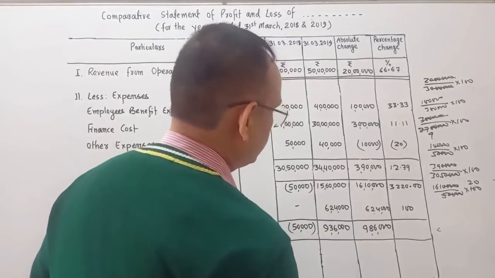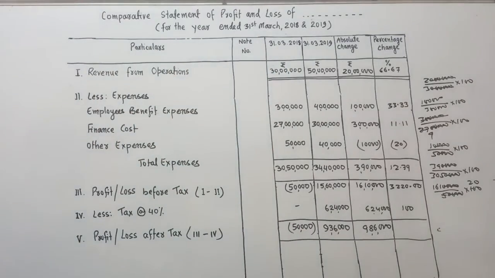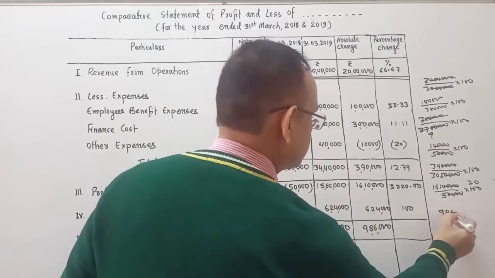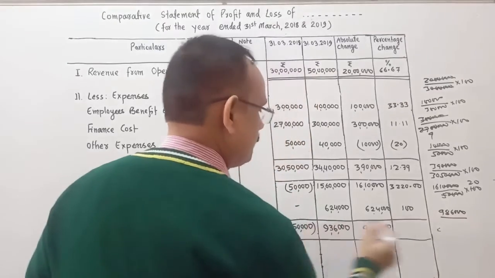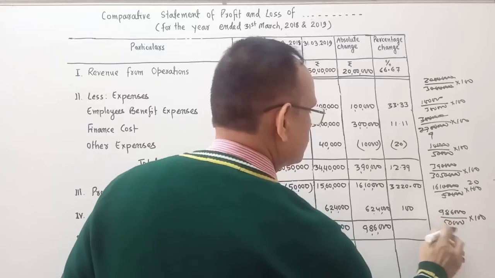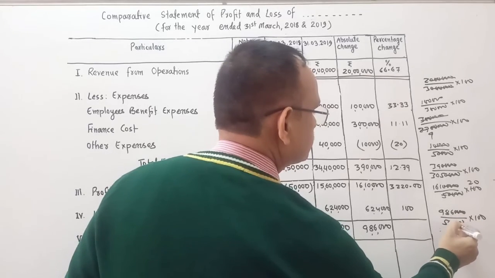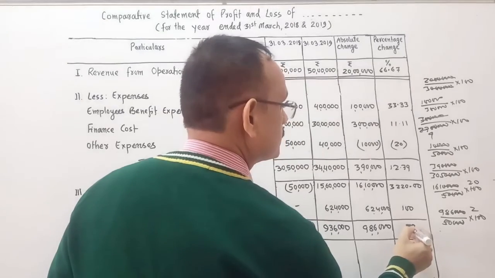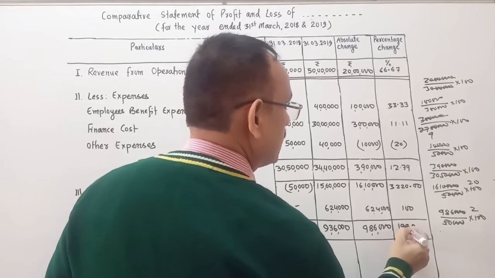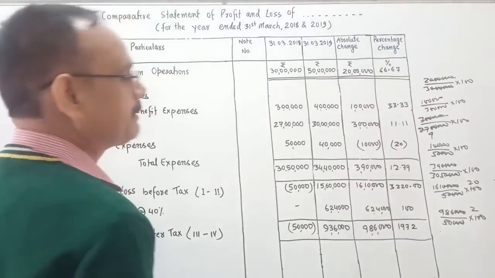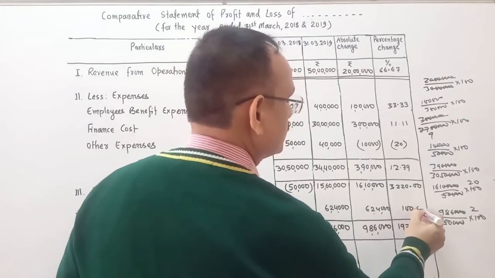The last one is 9,86,000 upon 50,000 into 100. So it is 1972%.